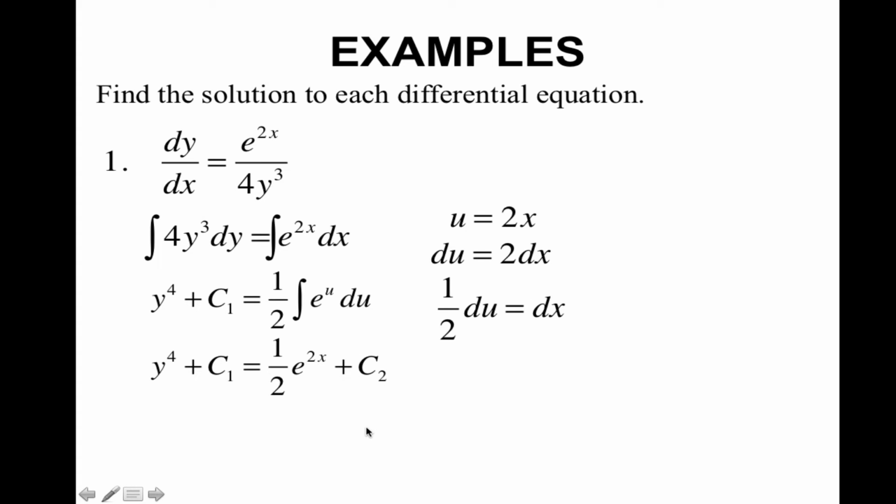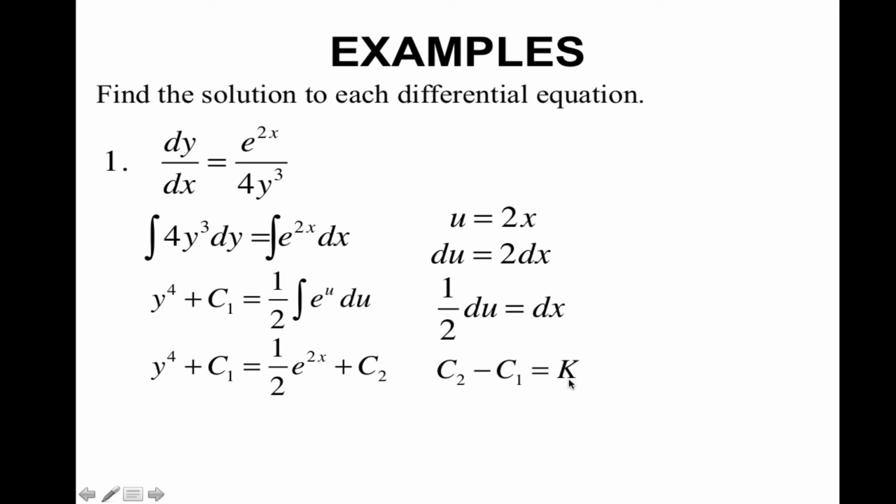Now I'm going to solve for y, because that's what the solution is going to be: y equals the function. Of course, not all of them can be solved for y. So if they can be solved for y, solve for y. If they can't, do as much simplification as you can. When I subtract c sub 1 on both sides, that means I'm combining a constant with a constant, so a constant minus a constant is another constant.